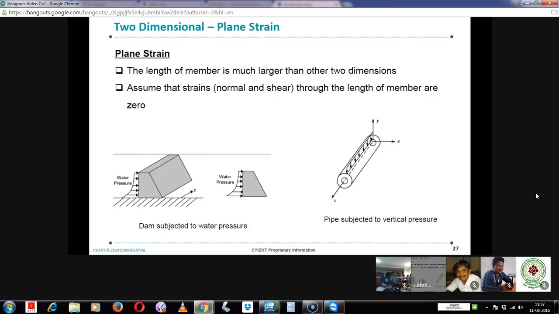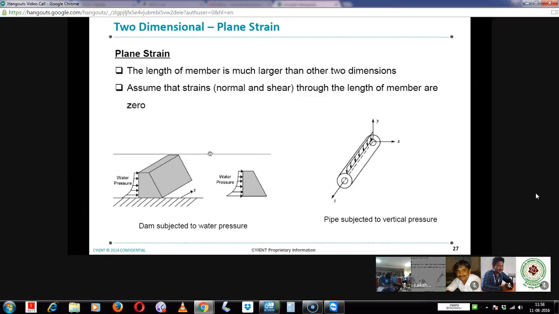Now coming to plane strain, the length of the member is much larger than the other two dimensions. Assume strains through the length of the member are zero. For example, a dam subjected to water pressure. This dam length will be very high.